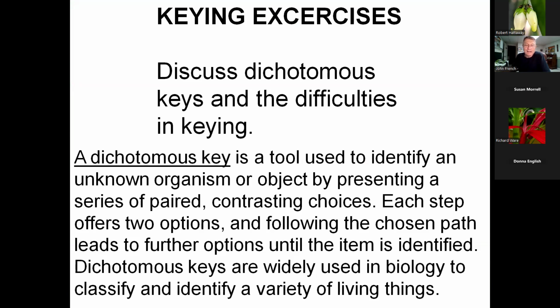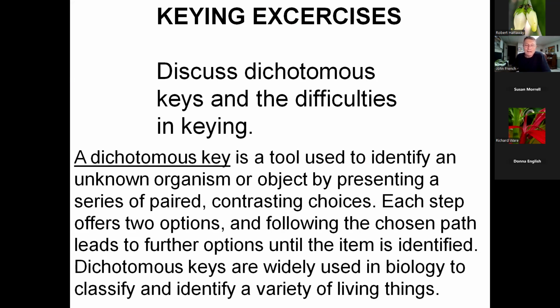Assuming that y'all have memorized all that information that we just discussed, this is just where we're going to start keying plants. And right now I have dichotomous keys, and I put the definition of a dichotomous key underneath there, and I'll read it out.